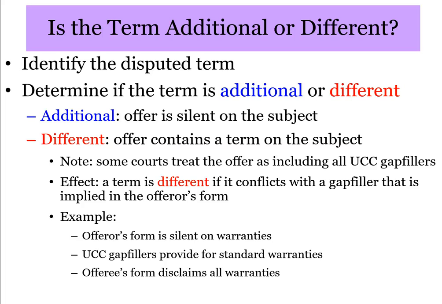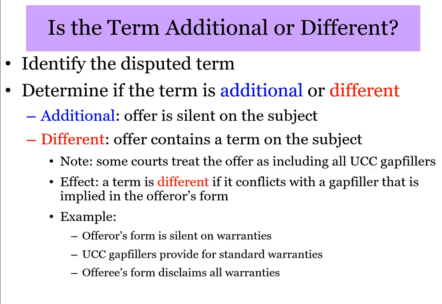Before we look at the details, let's see how you distinguish between additional and different terms. A term is additional if the offer is silent on the subject. A term is different if the offer contains a term on the subject that this term conflicts with. But note, some courts treat the offer as including all UCC gap fillers. The effect of this is that a term is different if it conflicts with a gap filler that is implied in the offeror's form.